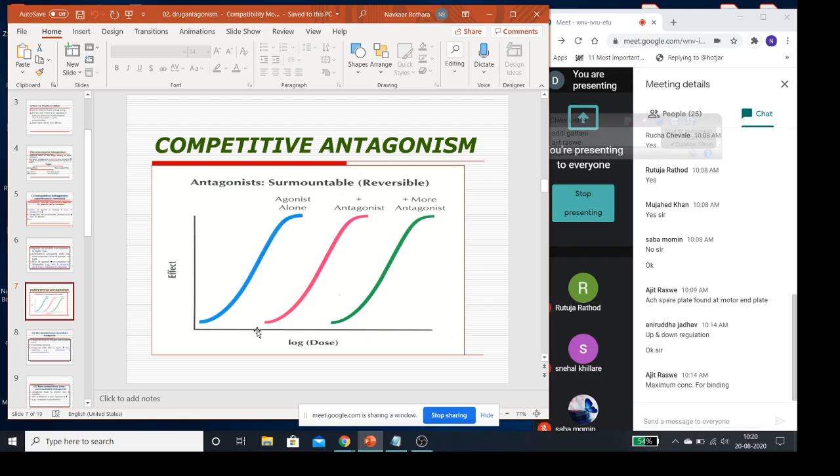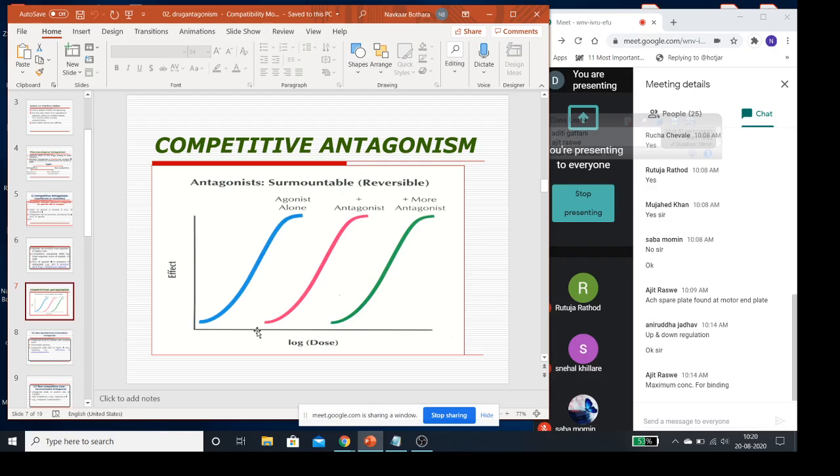There is one definition called the pA2 value of antagonist. pA2 value means the concentration or dose of antagonist which causes the requirement of a double dose, twice the agonist dose, to produce the same effect as earlier. So that is called the pA2 value.